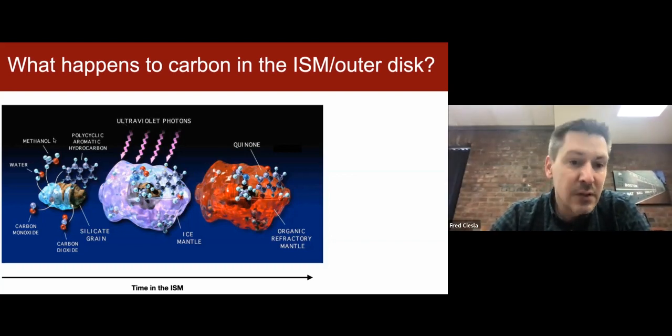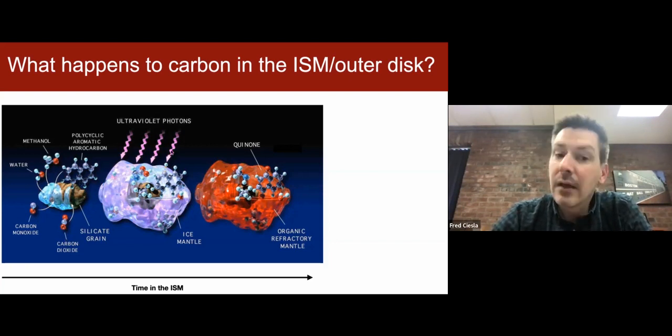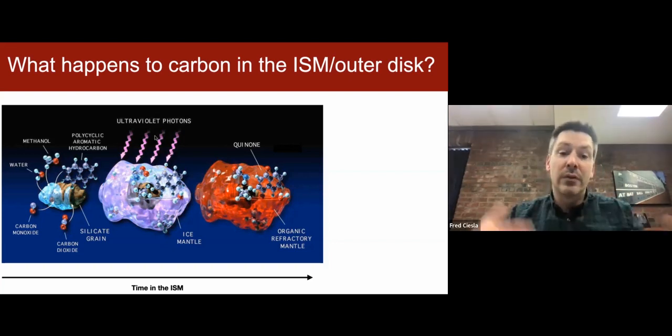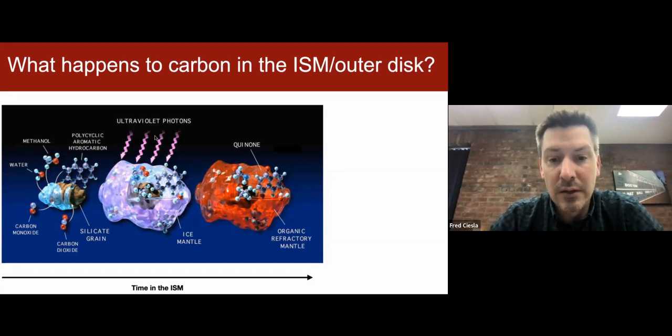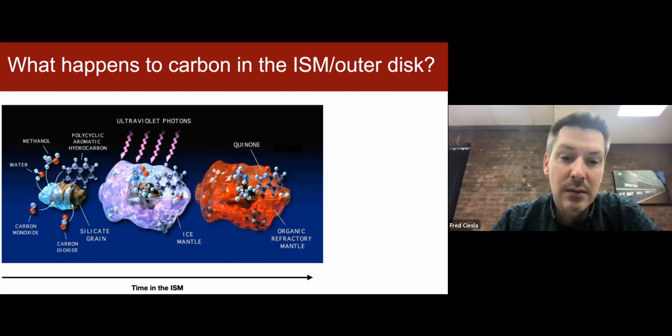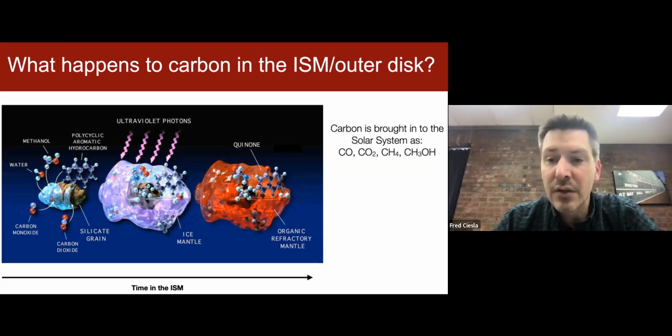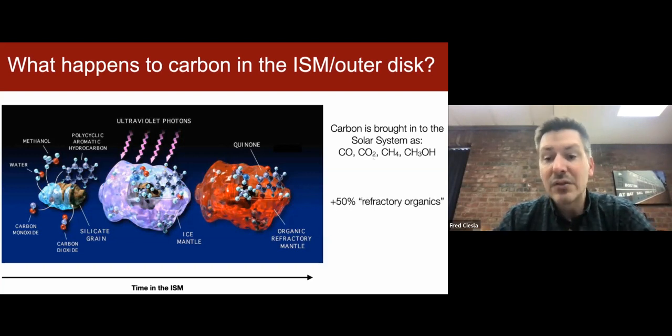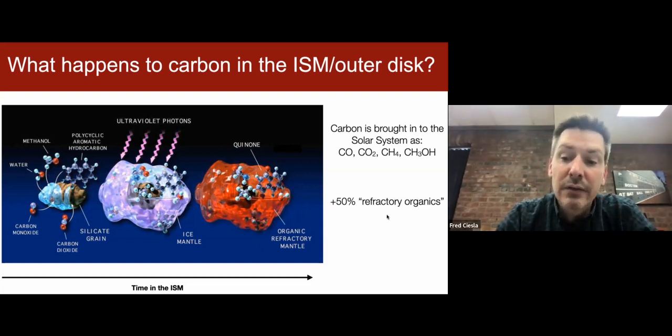And laboratory studies have shown that if you take these simple carbon ices and water ice, mix them together in an interstellar environment, and then bombard them with ultraviolet photons like what we expect to occur in interstellar space, you drive disequilibrium chemistry and take these simple ices and produce more refractory organics. And so more complex species, different carbon carriers. And so what's brought into the solar system from the interstellar medium is not just these ices that we identified before, but there's also about 50% of the carbon contained in these refractory organics. And I use refractory here.